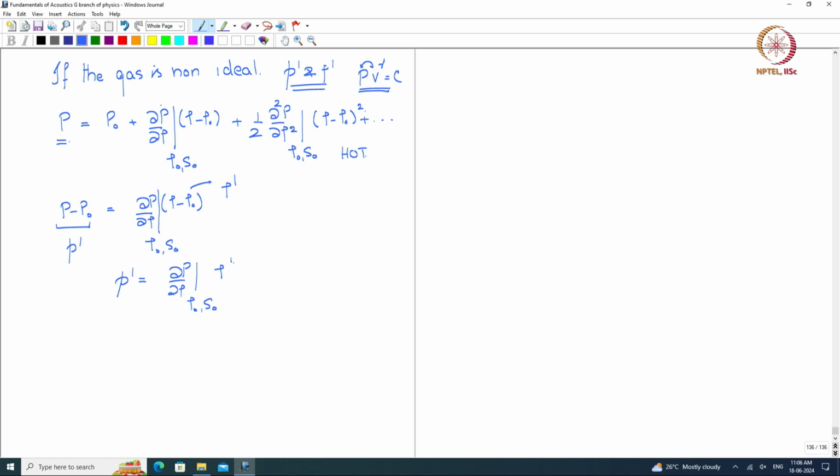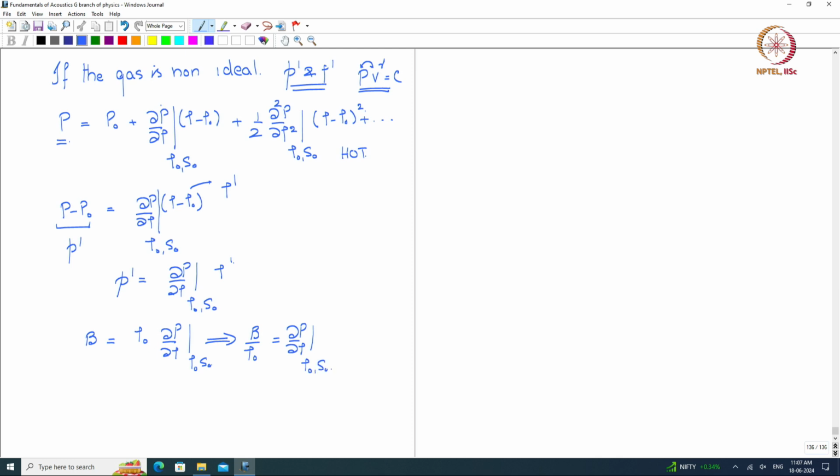Now we have something called the adiabatic bulk modulus, which is rho 0 del P by del rho at rho 0 S0, that is B. So B by rho 0 is my del P by del rho at rho 0 comma S0.